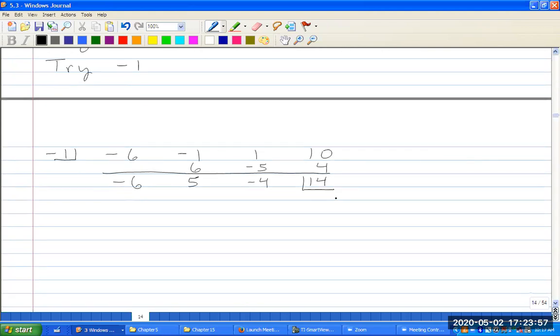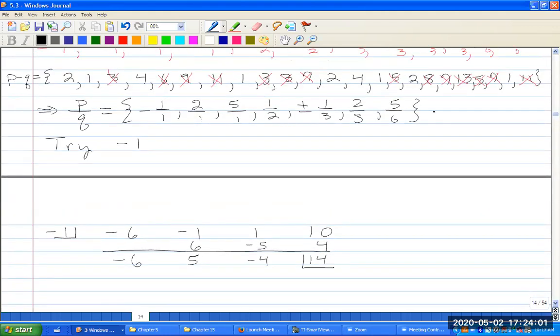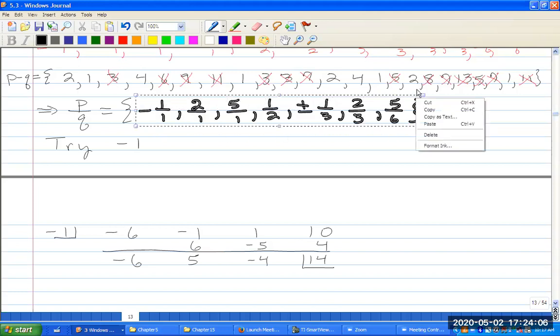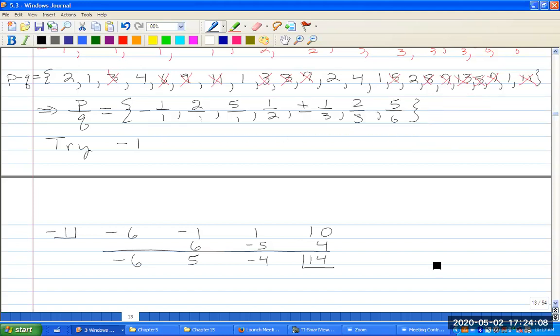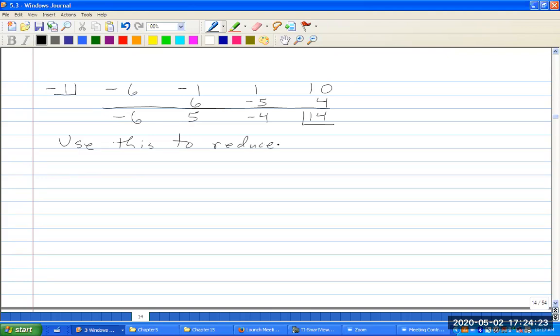Okay, so now I only have a much smaller list to look at. I just have to look at this list here, and I can now use this to reduce the number of possible rational roots.